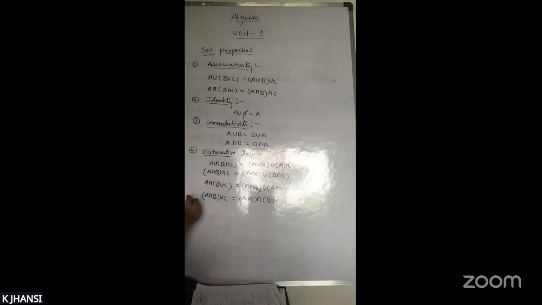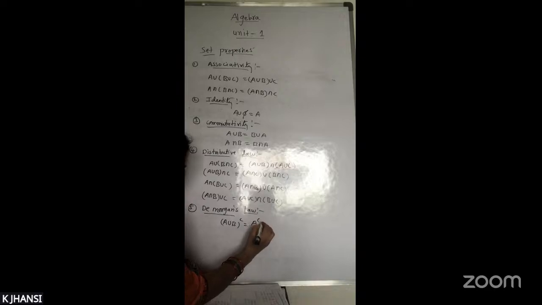So one important one is De Morgan's law. These De Morgan's laws are very important. So you can see them as A union B whole complement is equal to A complement intersection B complement.